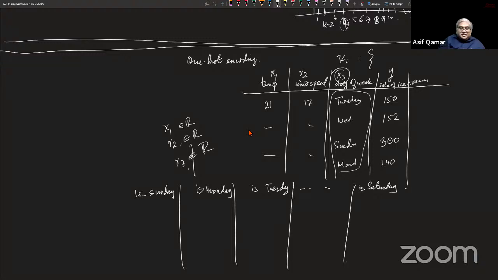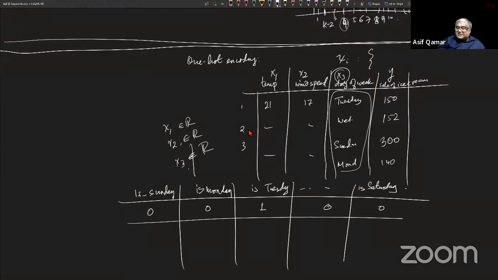And so what will happen is for any given data, let's say that this is data 1, 2, 3. Let's look at the first row of data. Which of these values will be true? This is Tuesday, so I put a 1 here, 0, 0, 0, 0. And then for the third data, it is a Sunday, so it would be 1. The second data would be Wednesday.